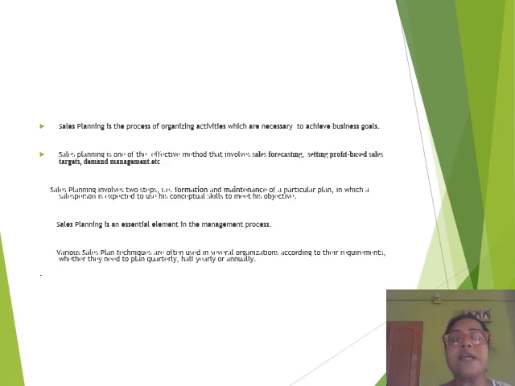So we come to know that sales planning is very important in any organization to achieve its goals. It is an effective method that consists of sales forecasting, that is, in the near future how much sales we are going to have, setting profit based sales targets, which are generally formed to achieve the profit of the organization, and demand management, etc. Sales planning involves the two steps of the formation and maintenance of a particular plan, through which the salesperson is expected to achieve his sales targets.